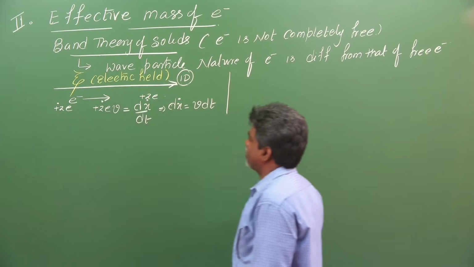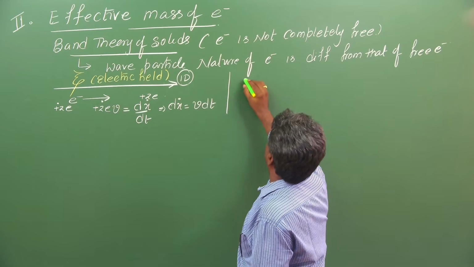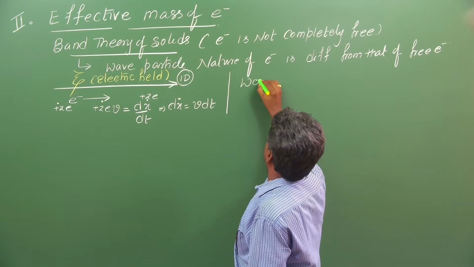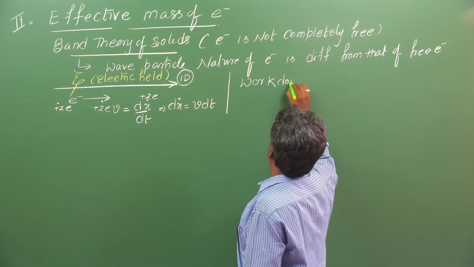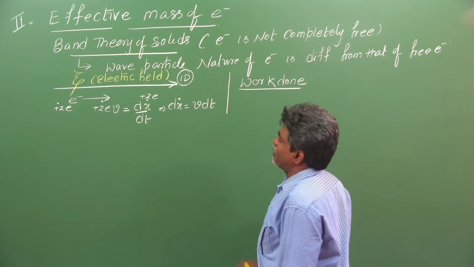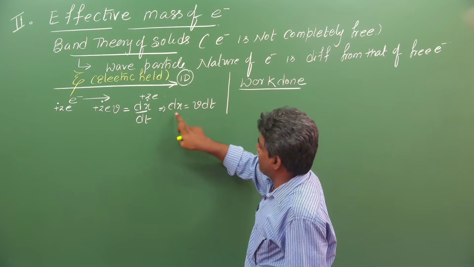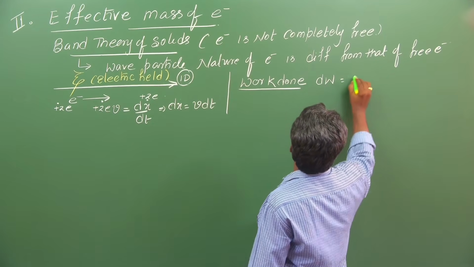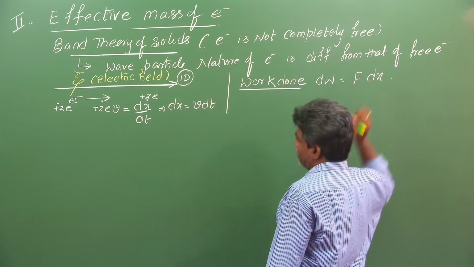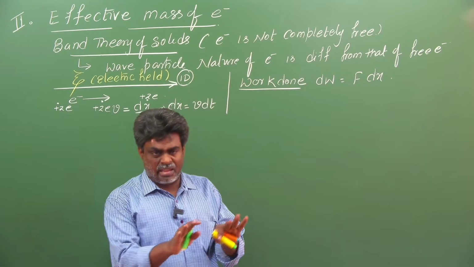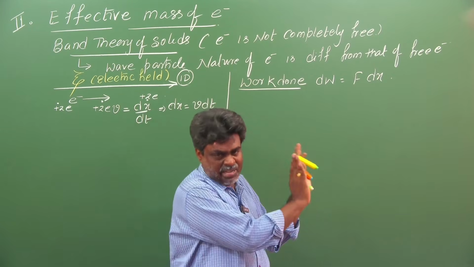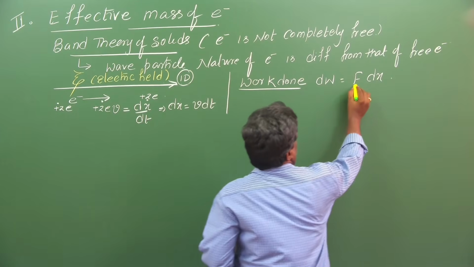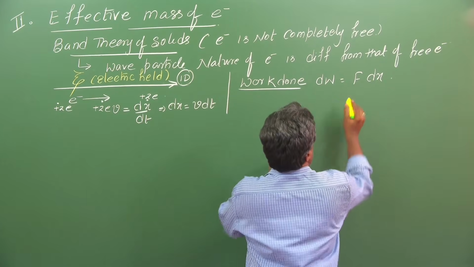I hope everybody knows the amount of work done. I am assuming it travels a distance dx. Then what is the amount of work done? dW equal to F into dx. I am not taking any vectors, simply taking the magnitudes only. What is this F?